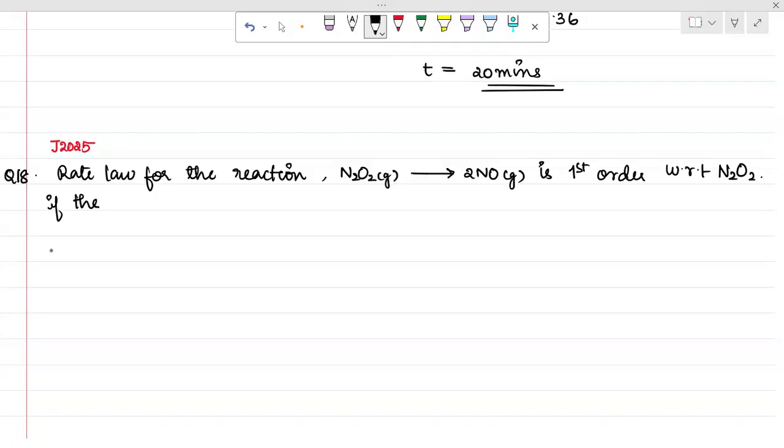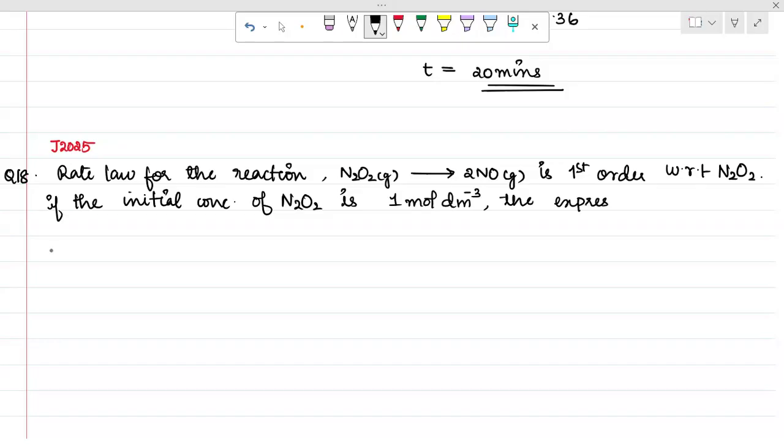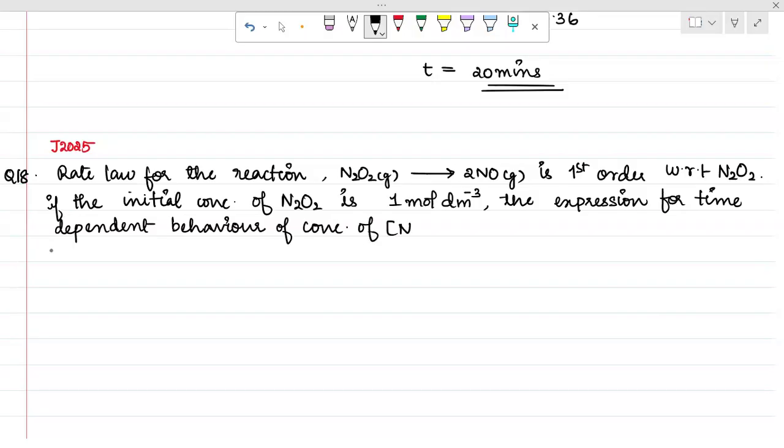If the initial concentration of N2O2 is 1 mole per decimeter cube, the expression for time dependent behavior of concentration of NO in moles per decimeter cube is.